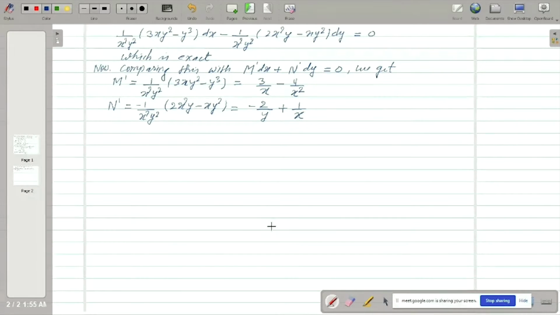Now our job is to find the general solution.